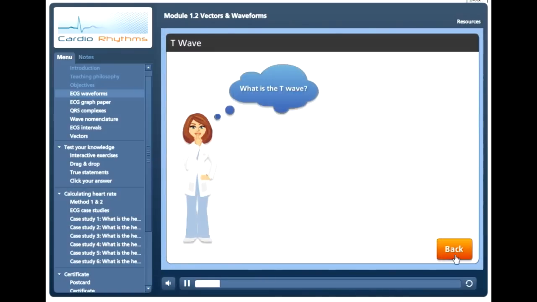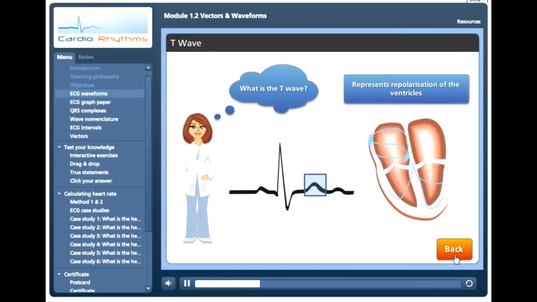Following the QRS we have the T wave, and this represents repolarization of the ventricles, leading to ventricular relaxation, also known as ventricular diastole. One common question I'm asked is, what about atrial repolarization? Well, of course this does occur, but is usually not seen because it's buried within the QRS complex.